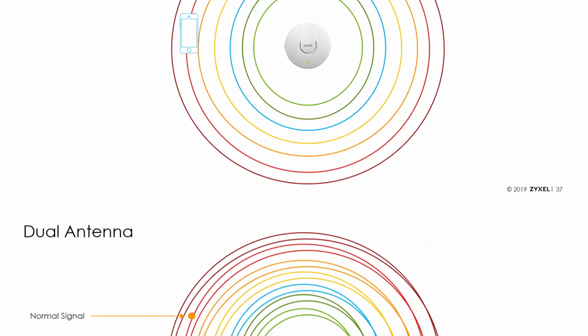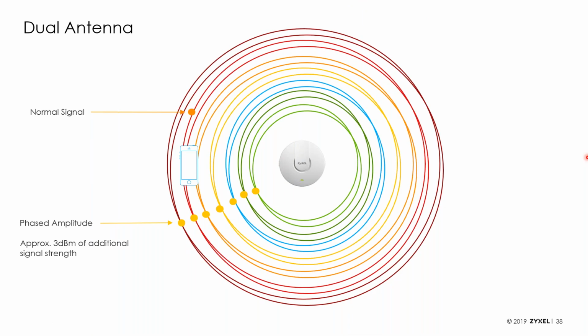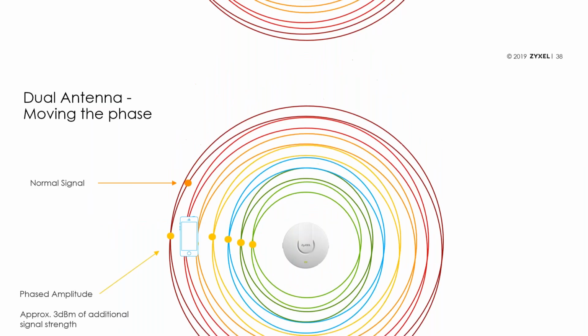That's an omnidirectional antenna. If we have multiple antennas, we can steer those waves in a certain way. So on the meeting point of those two waves, we gain a little bit more signal strength, a couple of dBms, but that might be the make or break of a working signal.